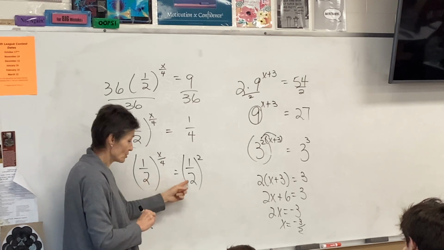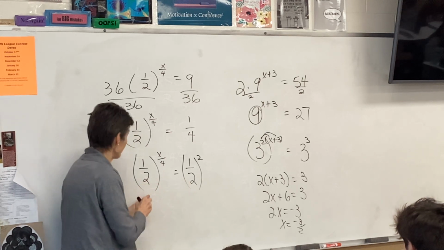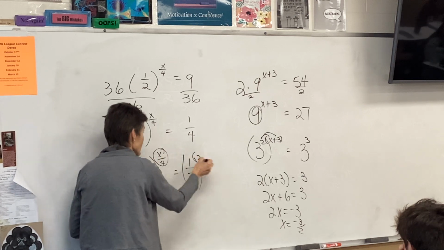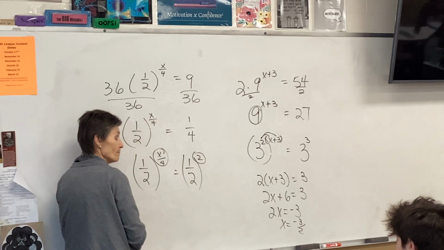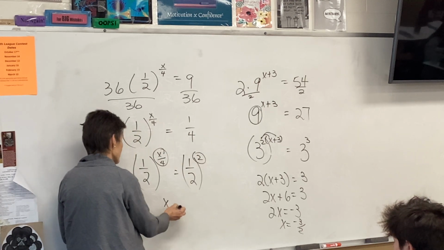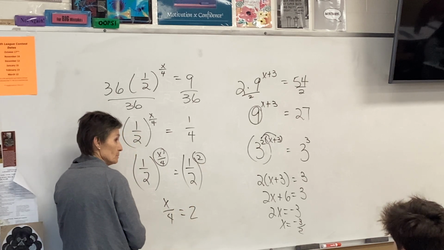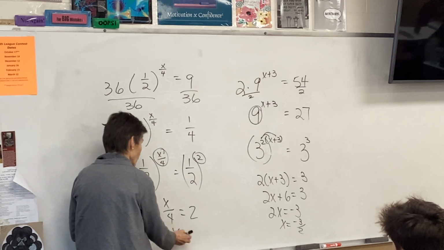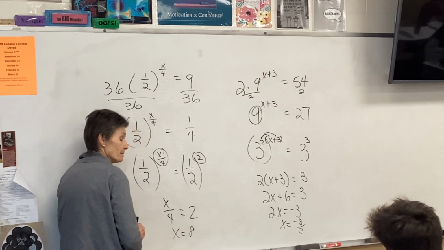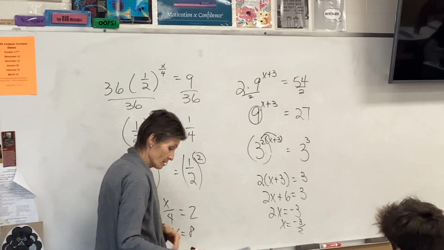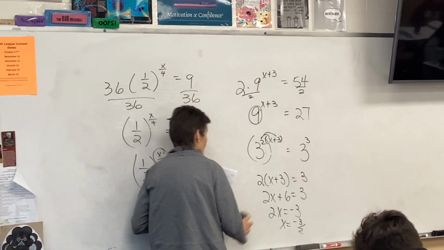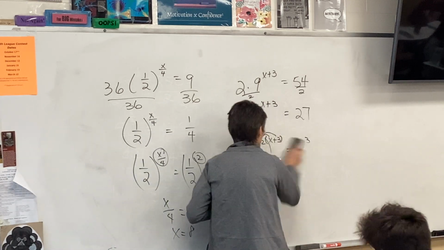Now, do these match? And if they match, then I can just build an equation out of the exponents. So x over 4 equals 2, and x equals 8. It looked a whole lot harder than it was, for sure.